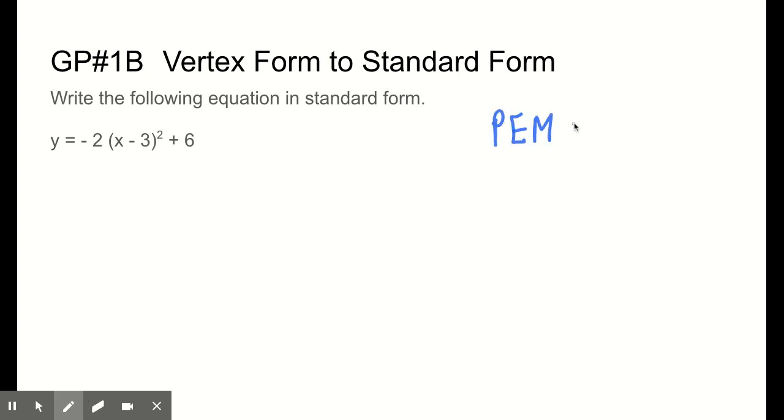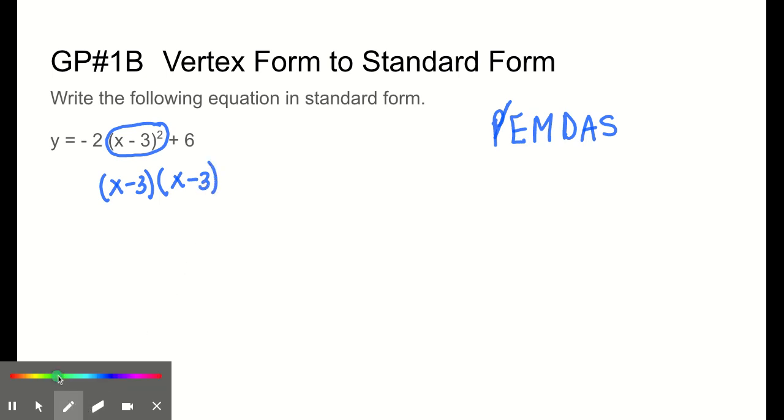But again, we cannot subtract 3 from x because they are not like terms. So we're going to move on and use the exponent. The exponent is telling us that we have to multiply x minus 3 times x minus 3. You have to multiply x minus 3 2 times. So I'm going to break this part and double distribute.